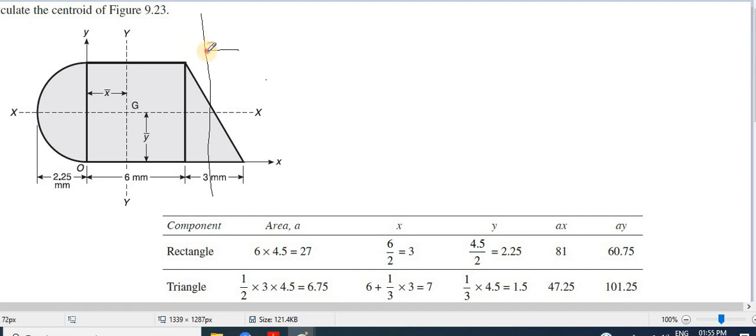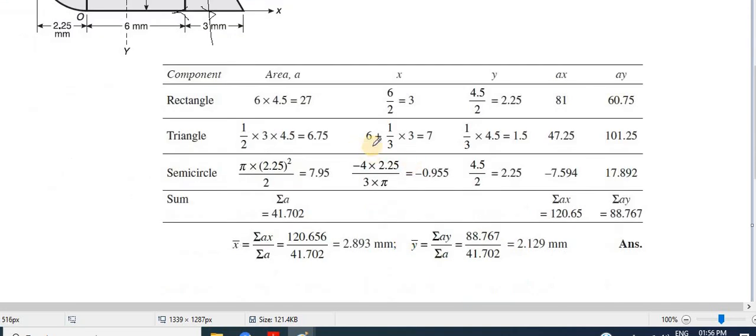So from here to here is the X2. So what is the distance? From here to here it is 6 mm. Plus from here to here what is the distance? B by 3. So what is B by 3? 3 by 3. So 6 plus 3 by 3. 7 mm is the X2.